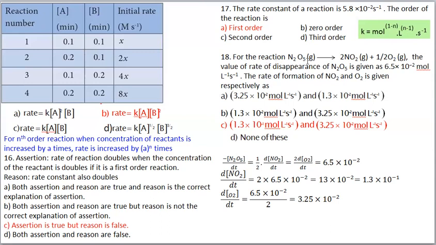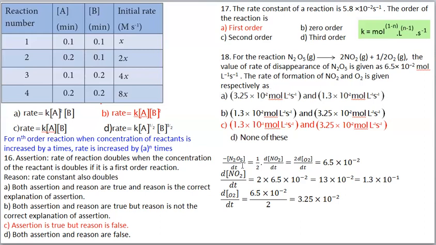For the reaction N2O5 gas gives 2NO2 gas plus half O2 gas, the rate of disappearance of dinitrogen pentoxide is given as 6.5 into 10 to the power minus 2 mole per liter per second. Then the rate of formation of NO2 and O2 is asked respectively.